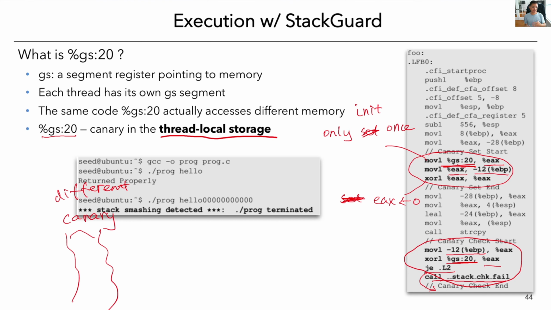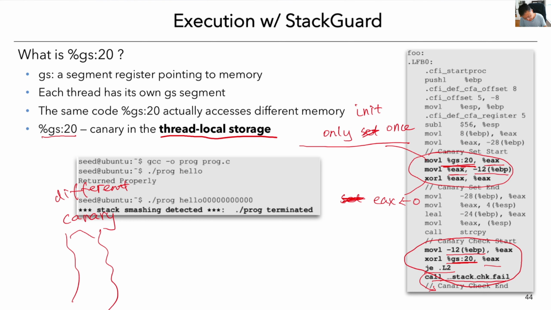When you start the program, the loader gets a random number from the kernel and initializes the canary for each thread at a specific memory location. So the canary is only initialized once. It means that if your program is running for a very long time, it's going to have the same canary for a long time. This can have some security implications.